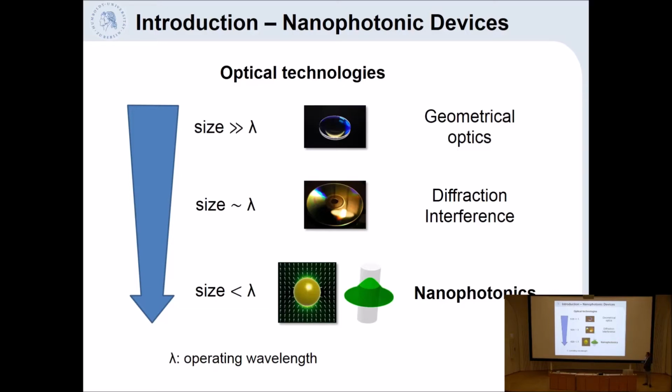You will see that due to these complex polarization structures and the behavior of these polarizations as a function of the propagation of light in the waveguides, surprising phenomena can be encountered.